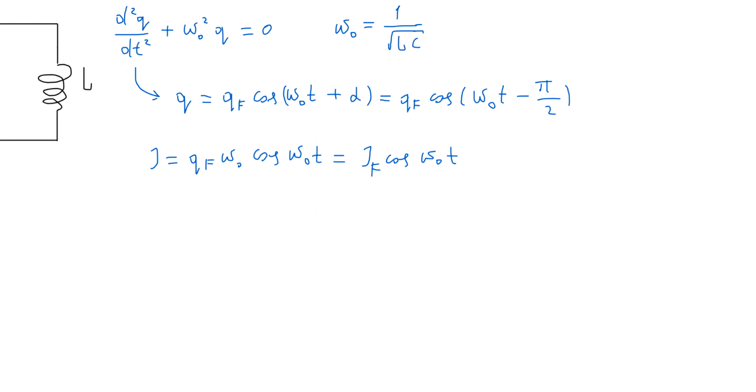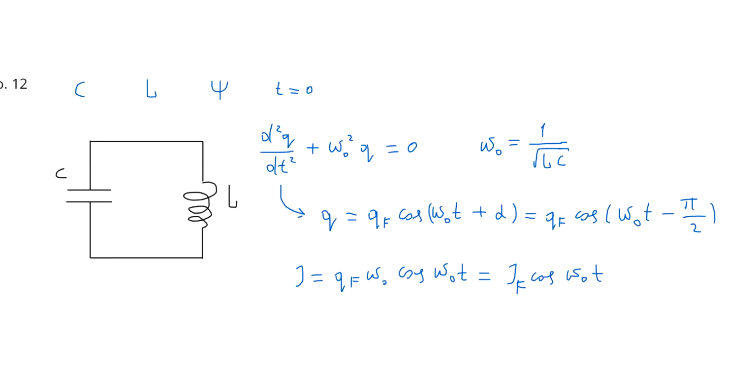But where can we get IF? According to the condition, at the moment in time t equal to 0, the flux linkage was psi.